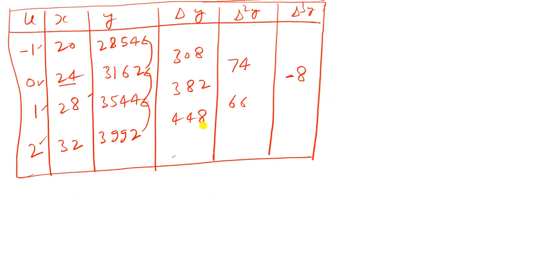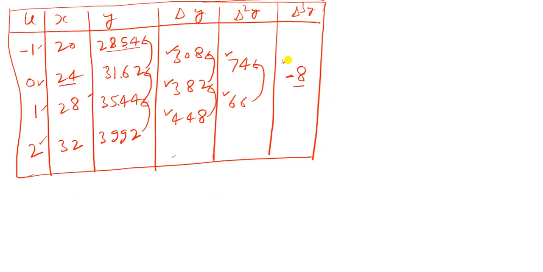Now the second order forward difference: this value minus this is 74, this minus this is 66, and 66 minus 74 is minus 8. The values corresponding to u: this is y minus 1, this is y0, this is y1, this is y2. Now this value is del y minus 1, this is del y0, this is del y1, this is del 2y minus 1, del 2y0, and this is del cube of y minus 1.